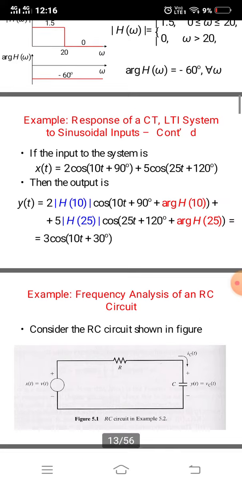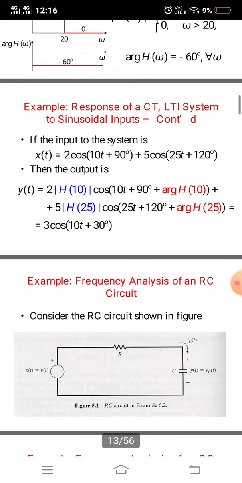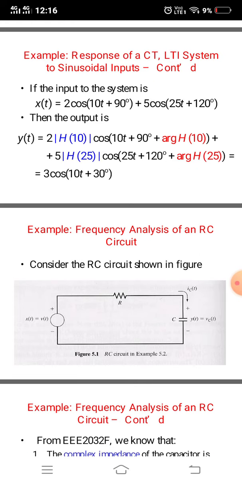This is the basic frequency difference between input and output of the LTI system. Next we move on to the RC circuit. The circuit has one input x of t equal to v of t, and consists of one resistor and one capacitor. The input carries the current, so the resistor has current I of t.